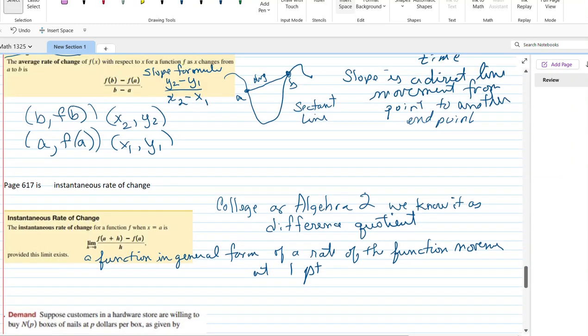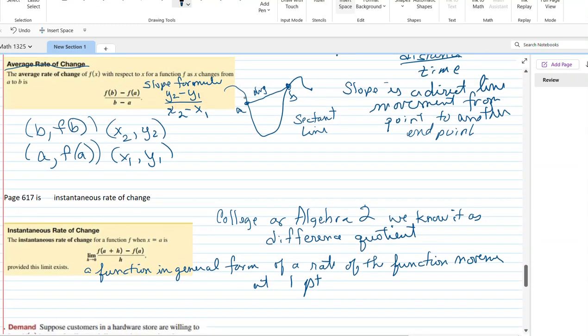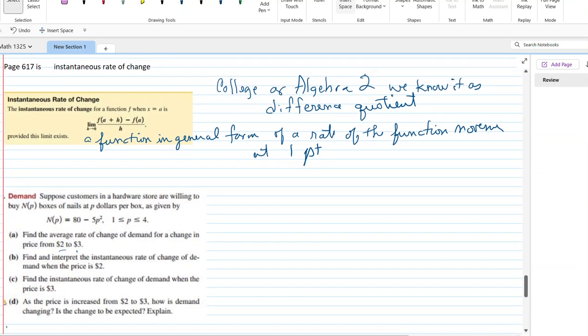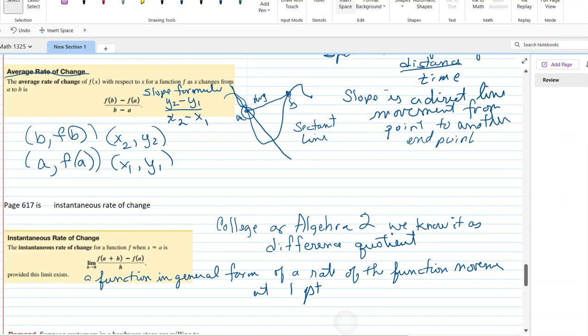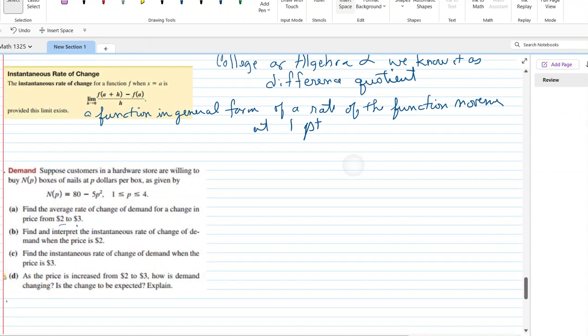So if we looked at this one, I say, well, how fast are we going here? Well, the instantaneous rate is that line that pierces that point and determines that rate of change there. All right, so now you see the difference between the secant line and the instantaneous rate.